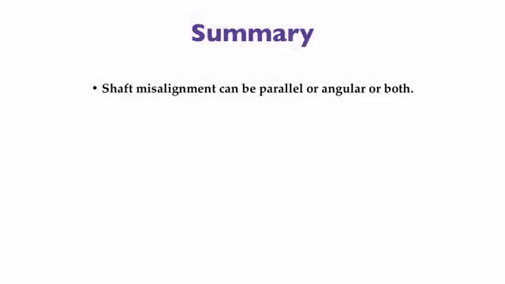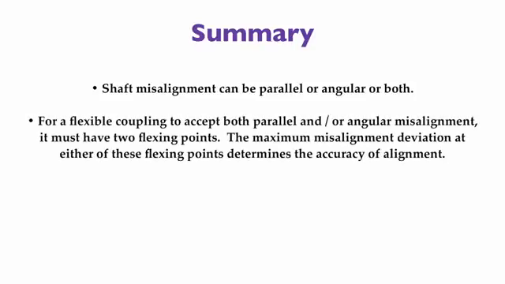The most common terms used to describe shaft misalignment are parallel misalignment and angular misalignment. Our drive systems can be subjected to operate with a parallel misalignment condition, or an angular one, or a combination of both. For a flexible coupling to be able to accept both parallel and or angular misalignment, it must incorporate two flexing points, or flexing planes, in its design.